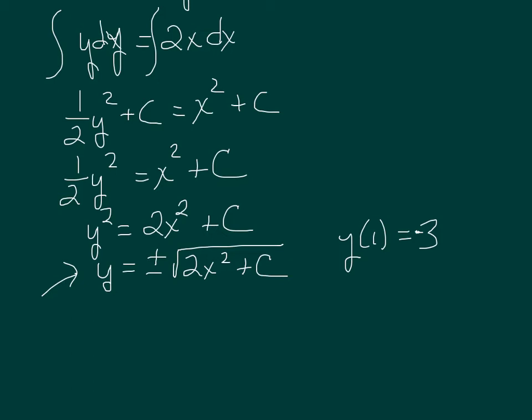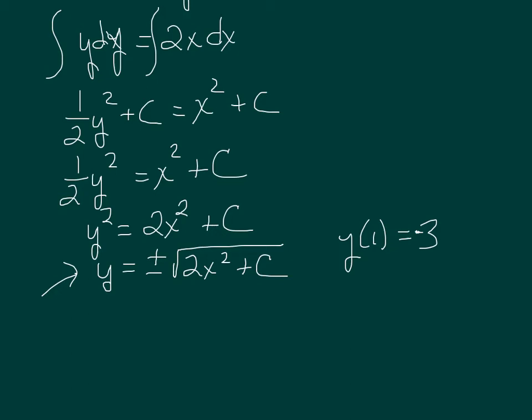Now let's think about this for just a minute. If, when x is 1, we get a value of -3 for y, that tells us something about which of these answers is correct, positive or negative. It's going to be the negative part, because you're getting a value for y that's negative. So that means that we're going to take the negative branch.